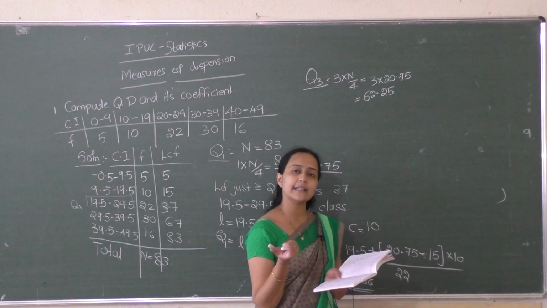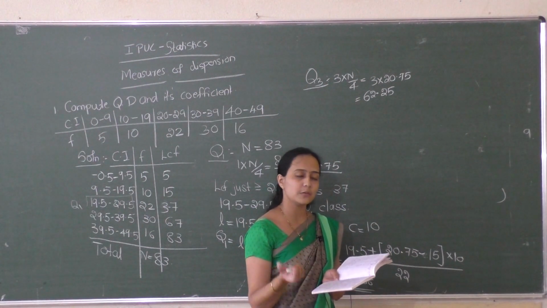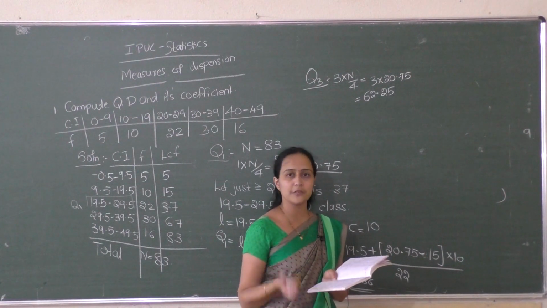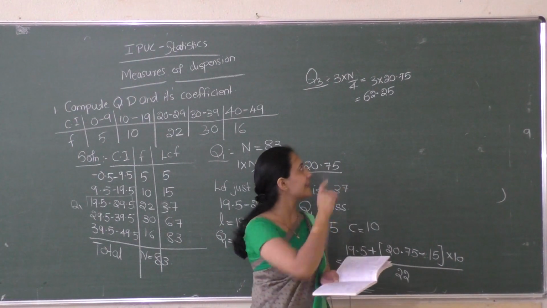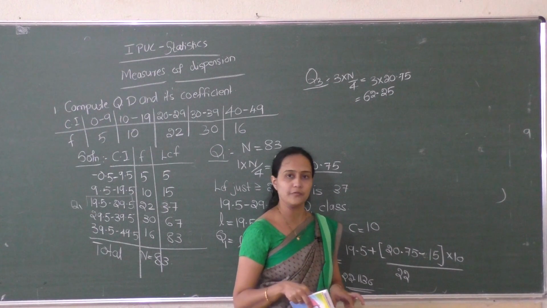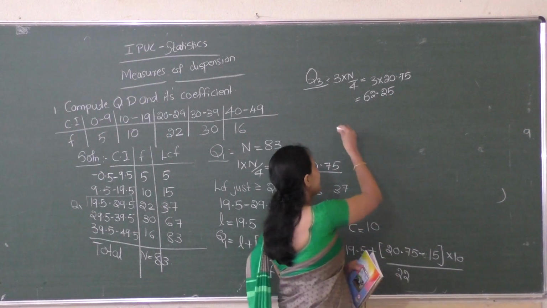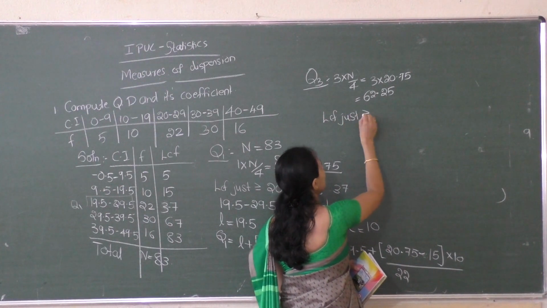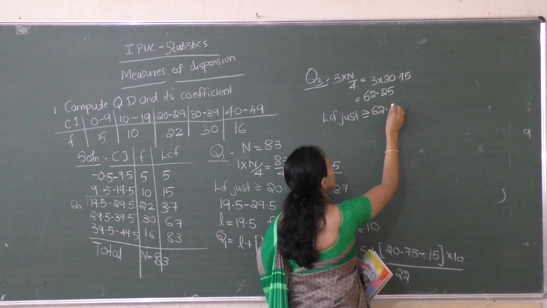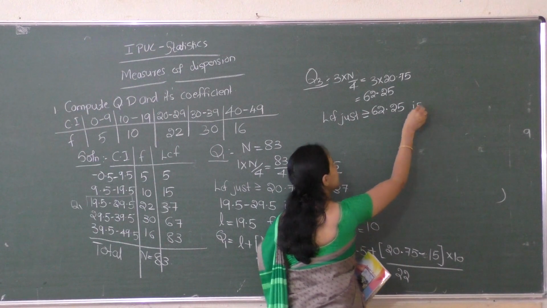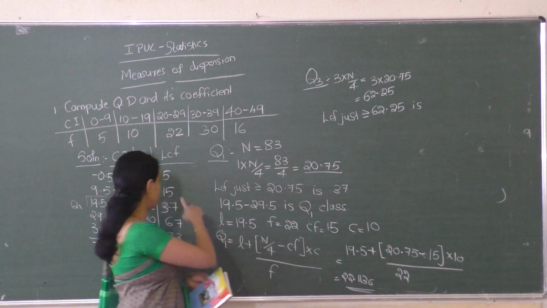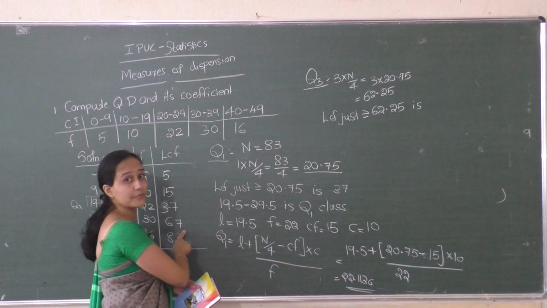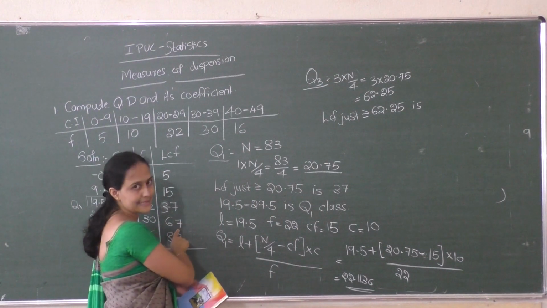Then here again same, what we have to find? We have to find the less than cumulative frequency just greater than 62.25, isn't it? So LCF just greater than or equal to 62.25 is which one? Go to less than cumulative frequency, 62.25 just greater, which one? 67.